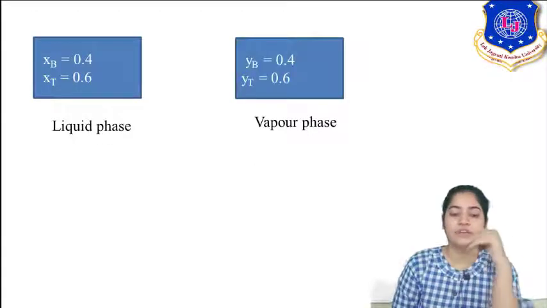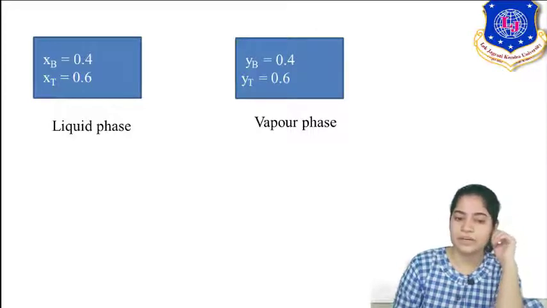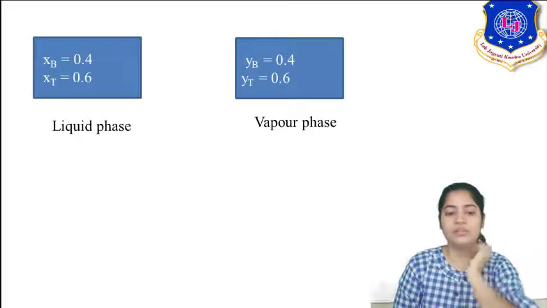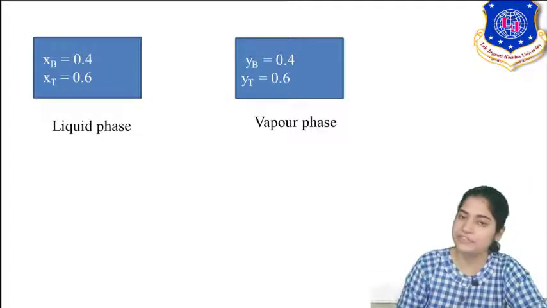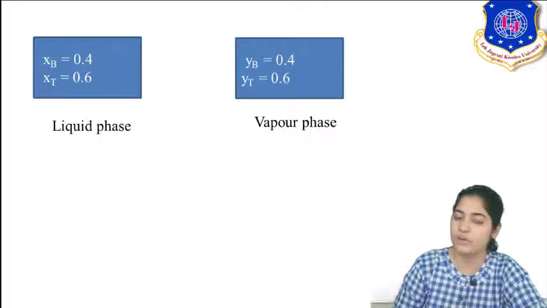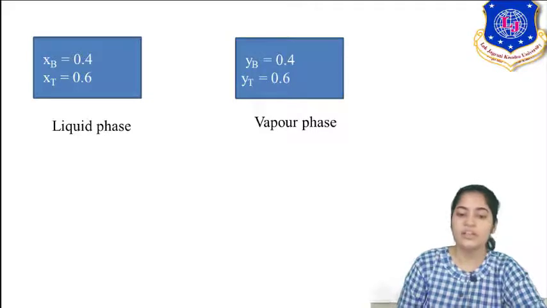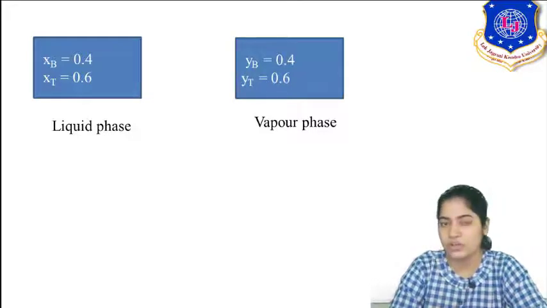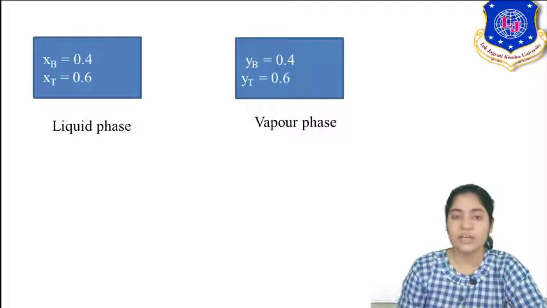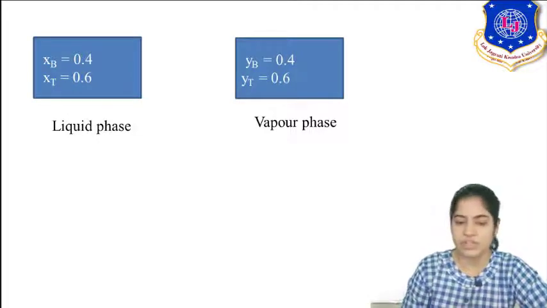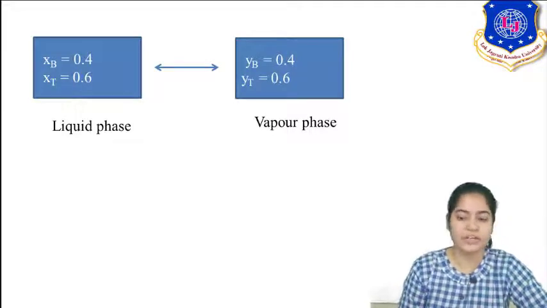Now in a closed system, how do we start our experiment for the VLE? In a closed system that is initially in liquid phase, I have defined the benzene and toluene composition as 0.4 and 0.6. Benzene is 0.4 and toluene is 0.6. Now it is a closed system. When I heat it, the vaporization will start. Continuing with the closed system condition, on continuous heating, all the liquid will convert into vapor phase.